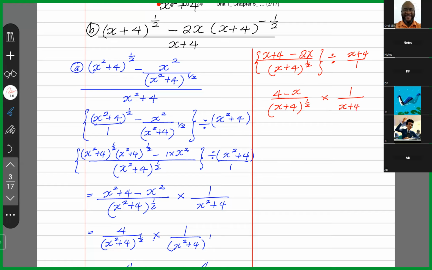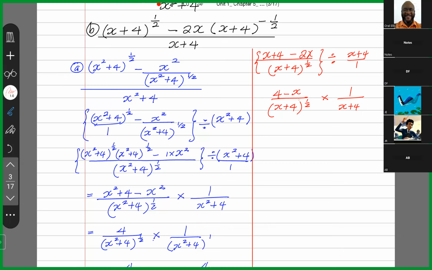Because when you're dividing by a fraction, you should change the division sign to multiplication and invert. So now we're multiplying two fractions and nothing can cancel. Whenever you're multiplying two fractions and nothing can cancel, you multiply numerator by numerator.